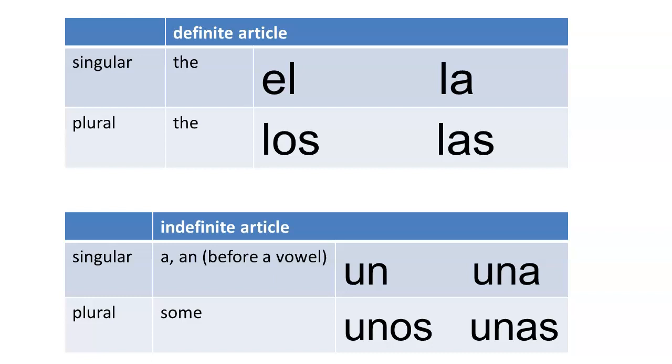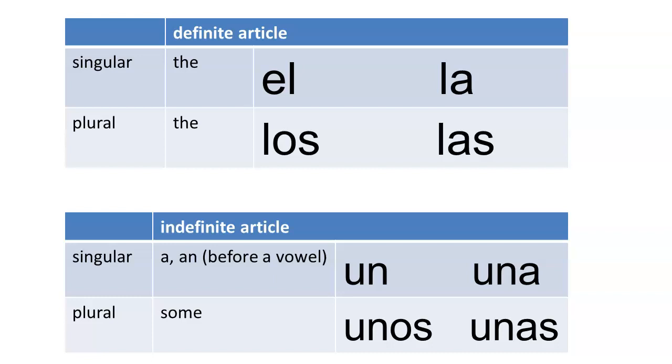There are some rules that help you to determine whether words take el or la. For example, nouns that refer to males, biological males, will always take el. For example, padre, father, el padre. Hermano, brother, el hermano. And nouns that refer to biological females will also be grammatically feminine.